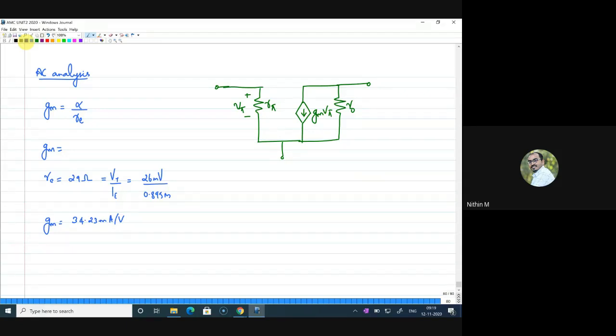Karan, are you there? Karan is absent. Okay. Mihir? Yes, sir. Mihir, can you tell me how to draw the rest of the equivalent circuit? Yes, sir.